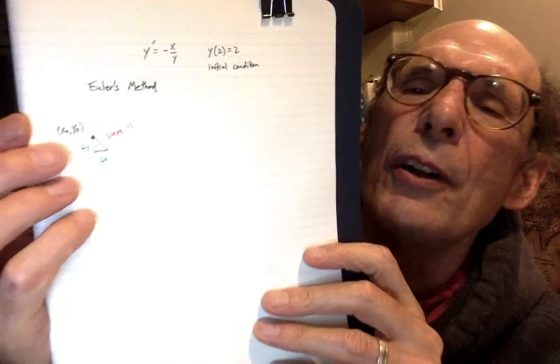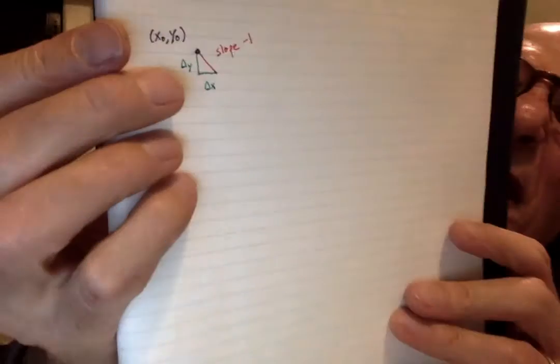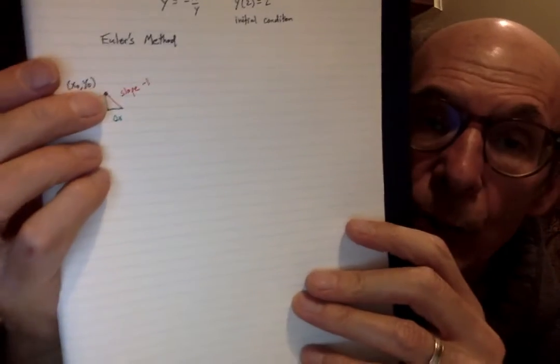So what we have here is we have made a change in x, and I'm just going to label these delta x, and we've made a change in y, delta y. Now in this particular case, delta x and delta y are equal because the slope was minus 1. They're equal in magnitude. Obviously the signs are different. But that takes us to a certain point.